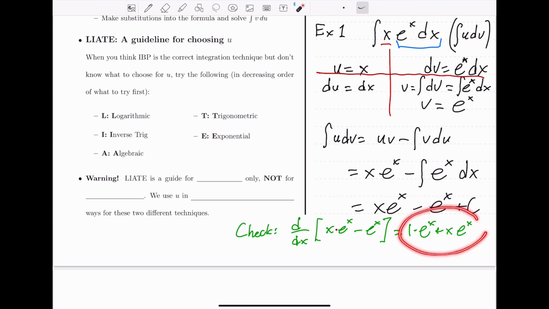This expression right here is just the derivative of x times e to the x. We still need to take the derivative of e to the x. Well, derivative of e to the x is simply e to the x. And now I have e to the x minus e to the x. Those cancel. And I'm left simply with x e to the x. This is what I started with in the original integral, so I know that my solution is correct.